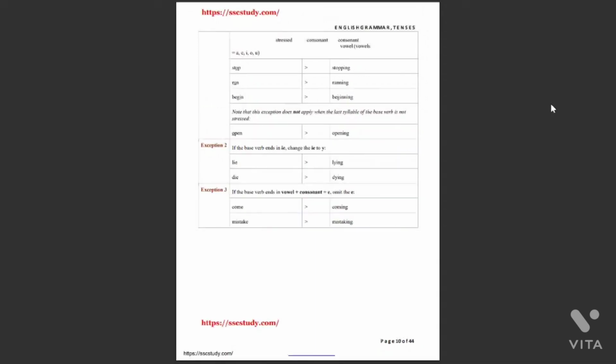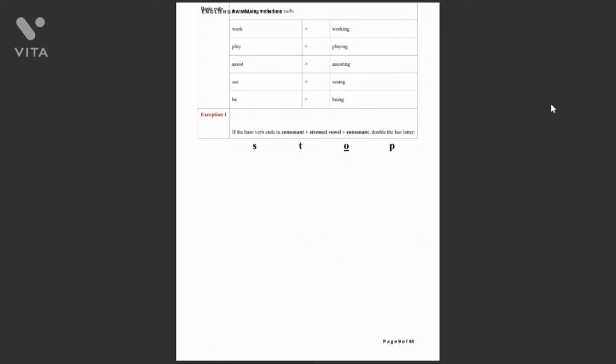Here we see, we already know about the vowels, A, E, I, O, U, and here in stop, P is a consonant sound. So we will be adding one more P: stopping. Whenever a stressed vowel plus consonant comes, we have to double the letter. Okay, we have to double the letters.